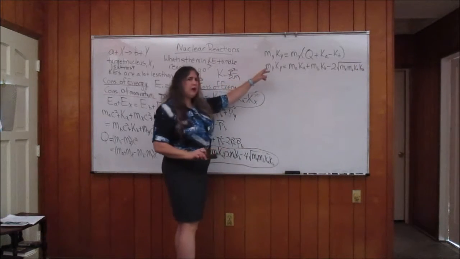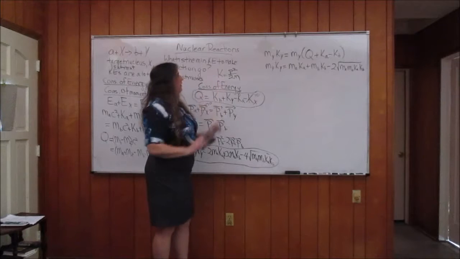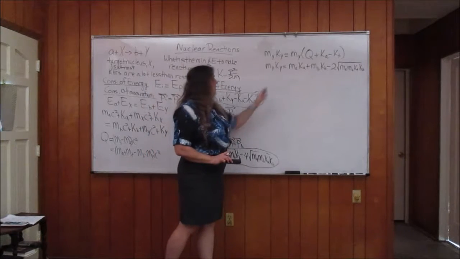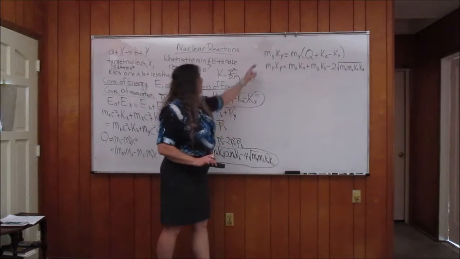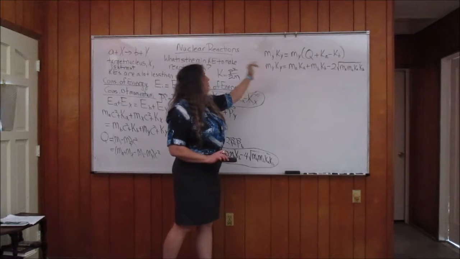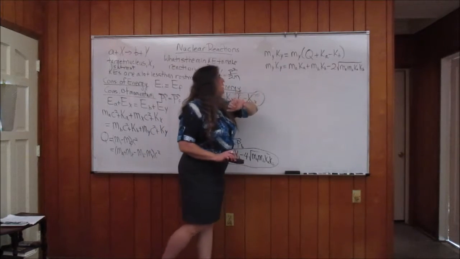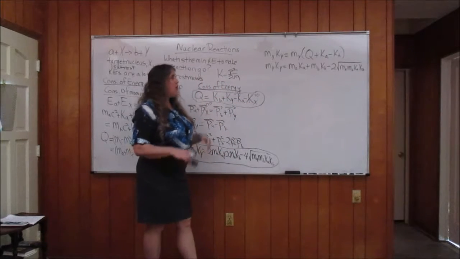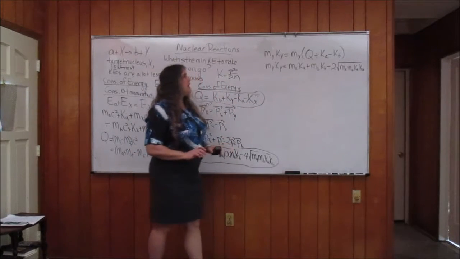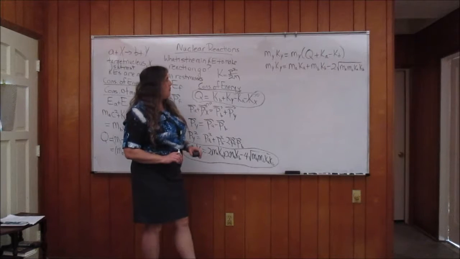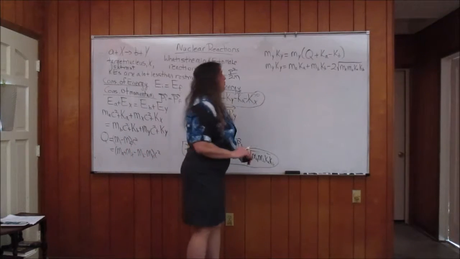My ky is equal to my times Q plus ka minus kb. And then we also have, again, this is from conservation of energy, this is from conservation of momentum, my ky is equal to ma ka plus mb kb minus 2 square root of ma mb ka kb.